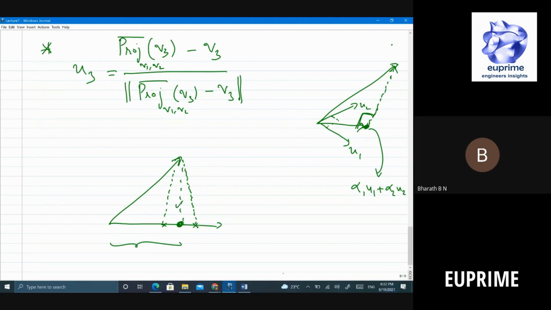There is this vector, this vector, and this vector. Let me call this one 1, this one 2, and this one 3. Which one do you think has the least length? 1, right? So in other words, if you project, it will have the least length.